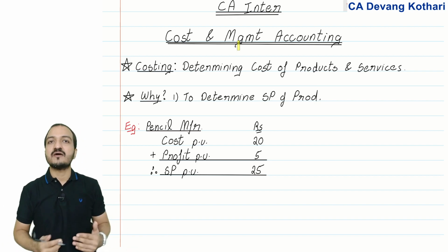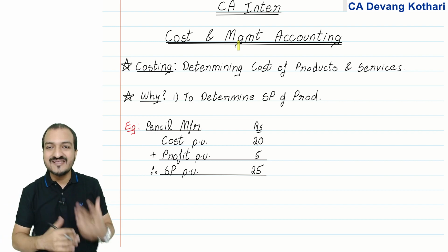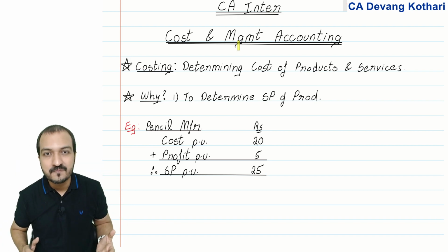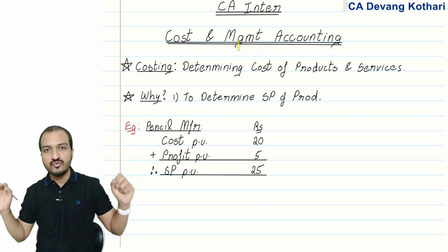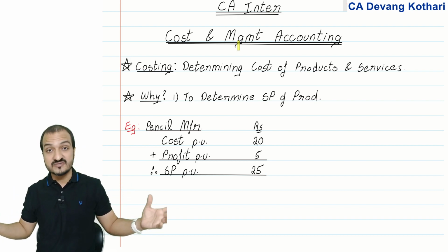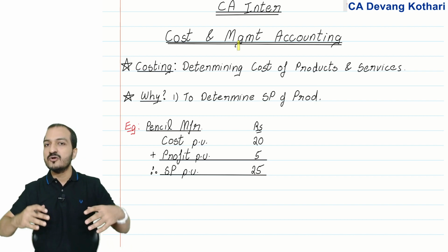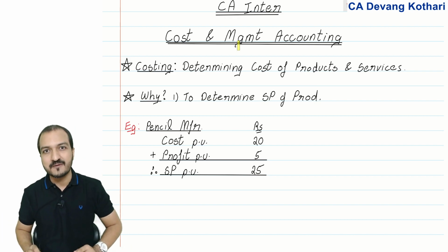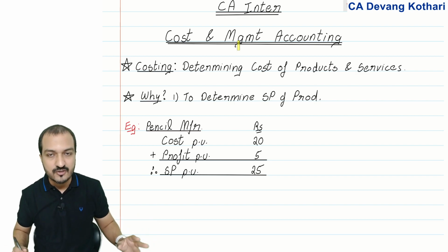Here we are now starting the subject of costing. So first I need you to change your mindset. I know most of you have decided to do the course of CA, so you are obsessed with your subject of accounting. I'm sure that you must all be very obsessed with your accounting subject.